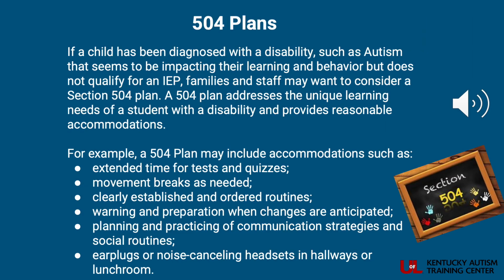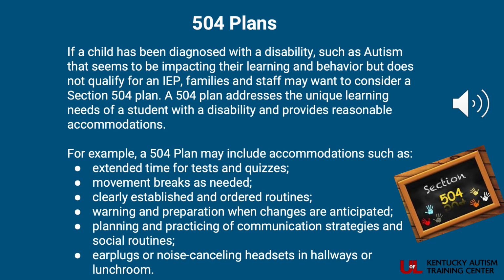504 plans. If a child is being diagnosed with a disability such as autism that seems to be impacting their learning and behavior, but does not qualify for the individual education program, families and staff may want to consider a Section 504 plan. A 504 plan addresses unique learning needs of a student with a disability and provides reasonable accommodations.